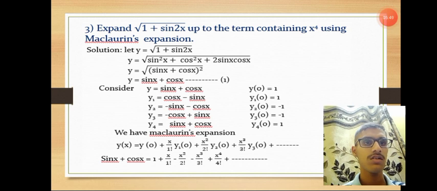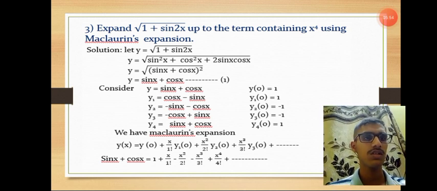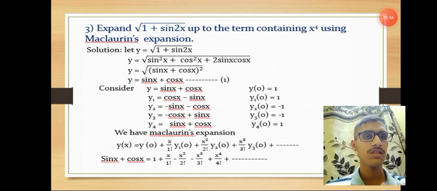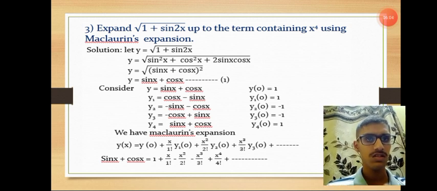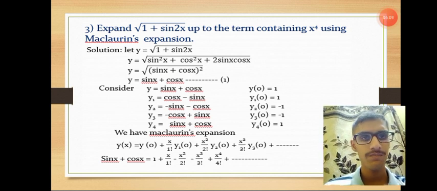Then after considering 1 equals sine square x plus cos square x, we get the form as y equals root of sine square x plus cos square x plus 2 sin x cos x. Then by simplifying we get y equals sin x plus cos x.